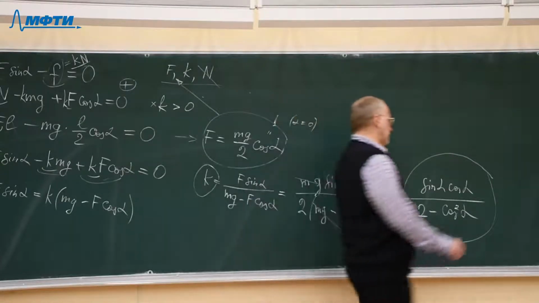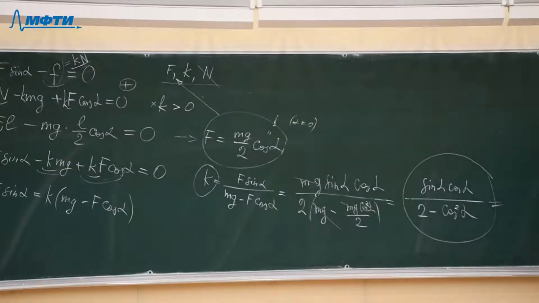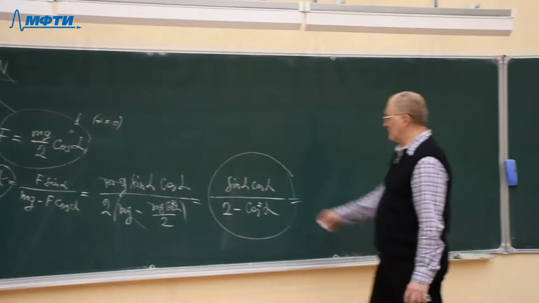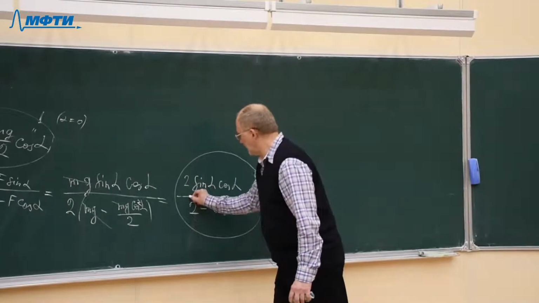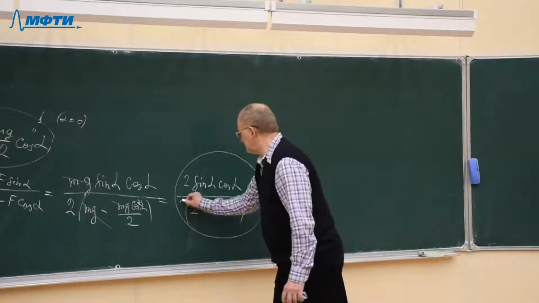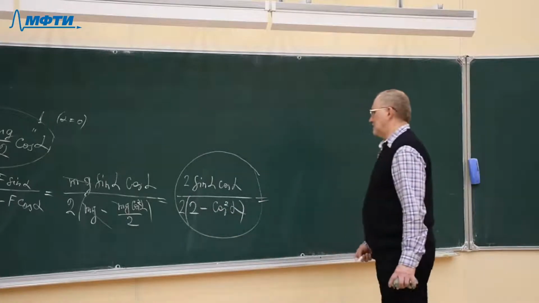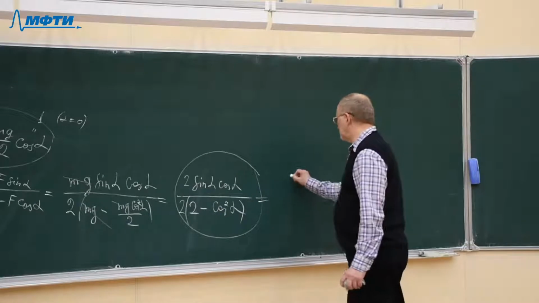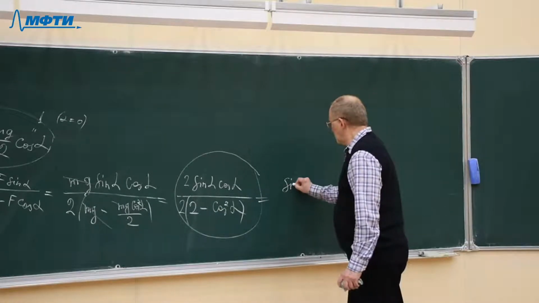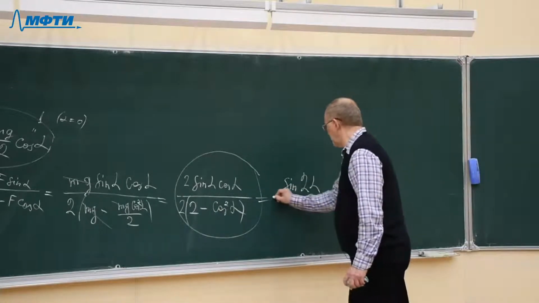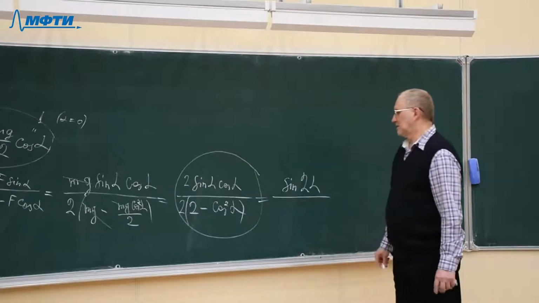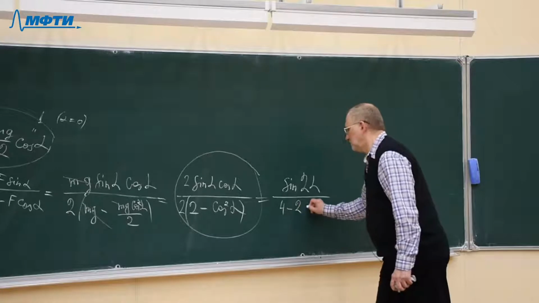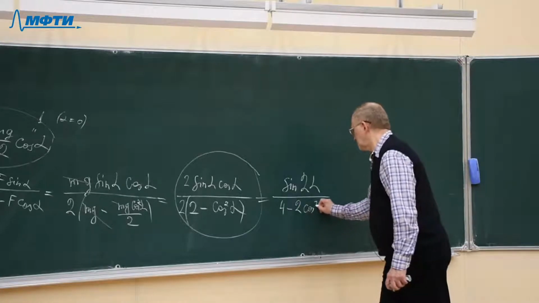Well, in order to do it, it would be convenient to somehow change this formula. I multiply it by 2, this one and this one. And 2 sine alpha cosine alpha will be sine 2 alpha divided by 4 minus 2 cosine square alpha.